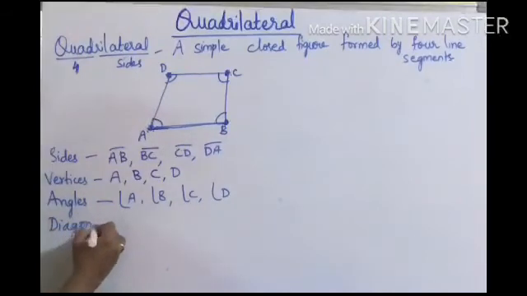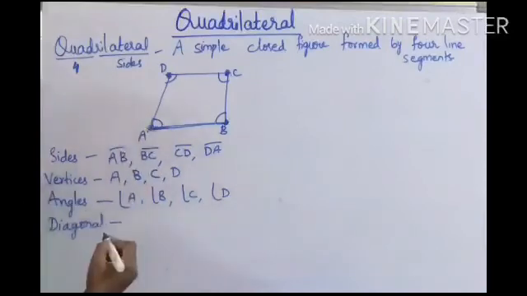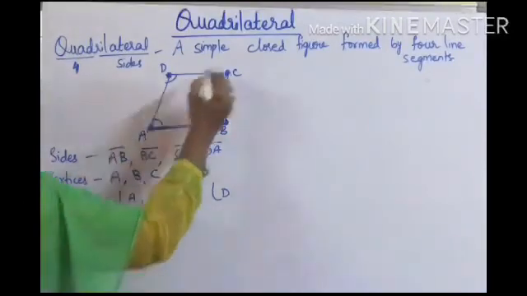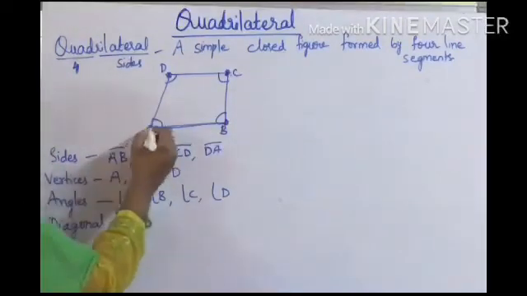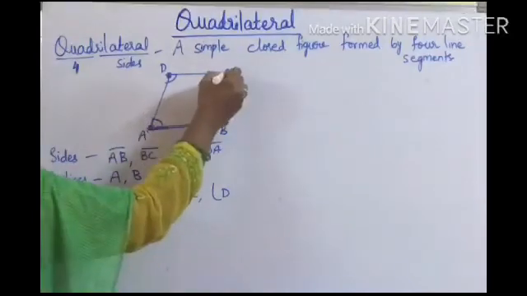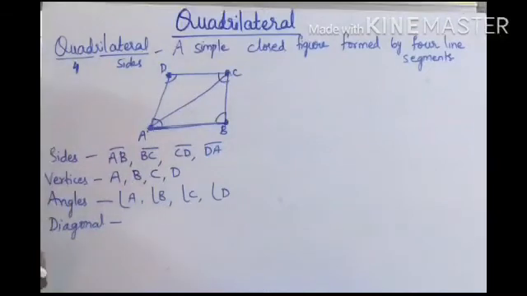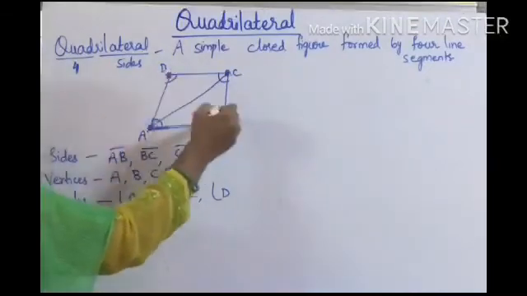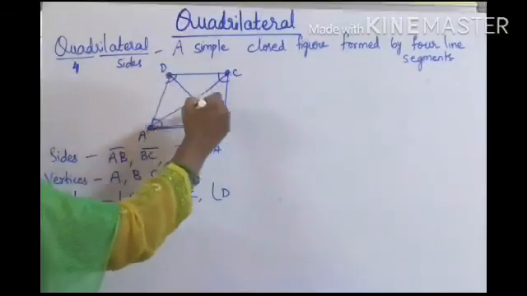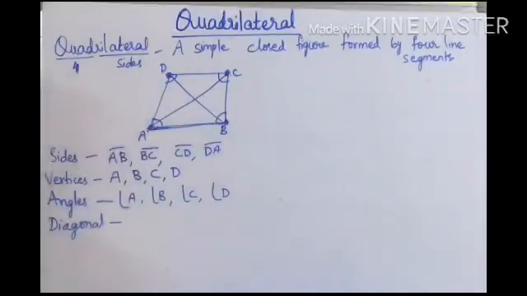Now tell me what a diagonal is. A diagonal is nothing but a line segment joining two opposite vertices. Here A and C are opposite. If I join these two, you get a diagonal. And here B and D are the opposite vertices. If I join these two, I get another diagonal.